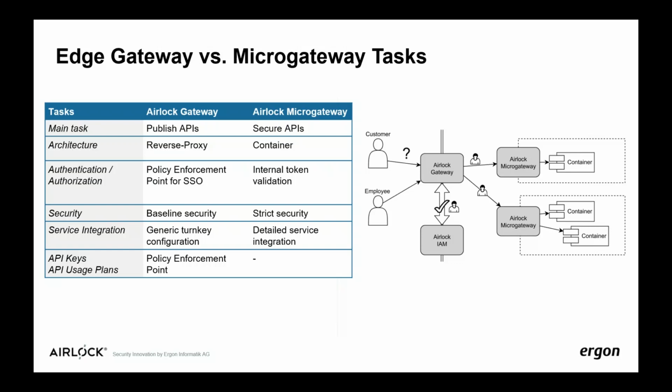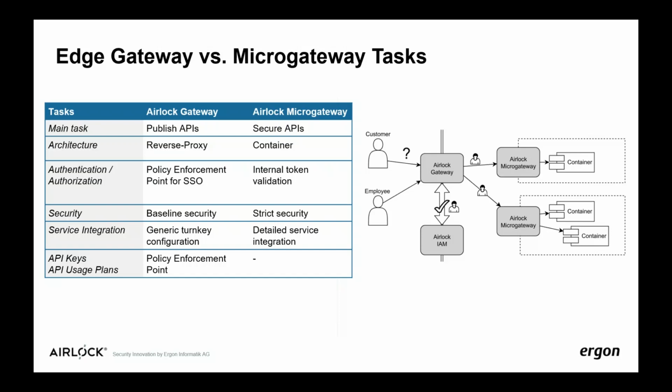So they know the signature of the Airlock IAM and will be able to verify that those JWT tokens were issued by the IAM and include the according information they need to grant the access.